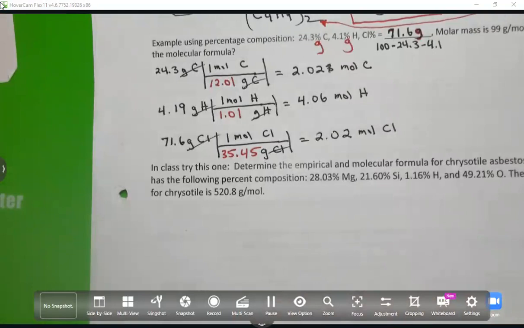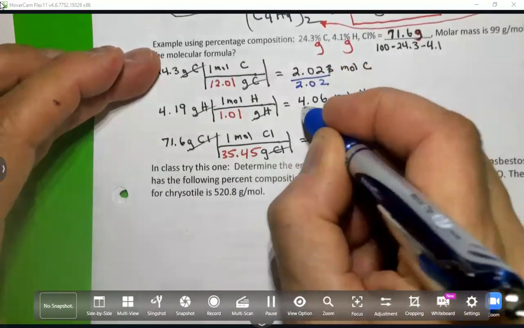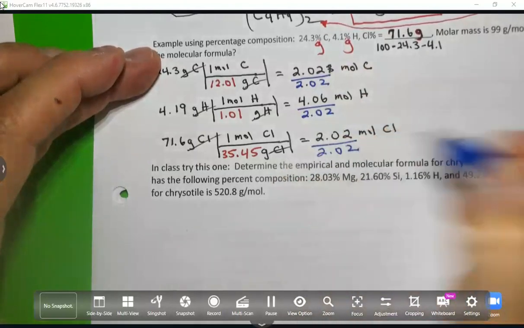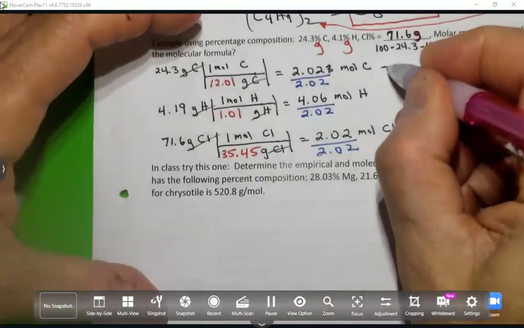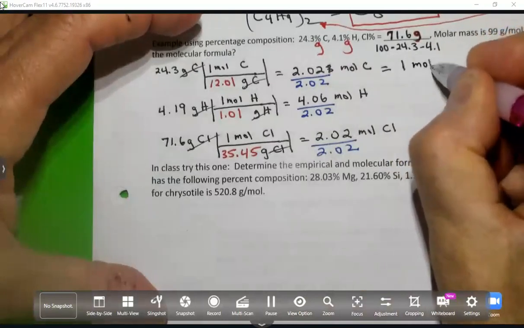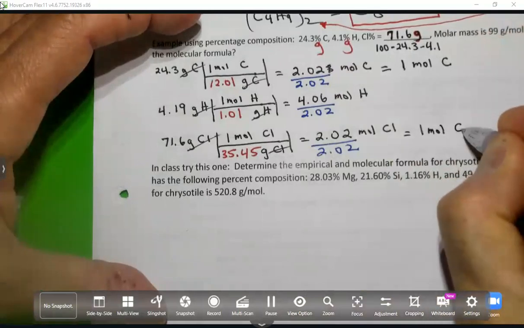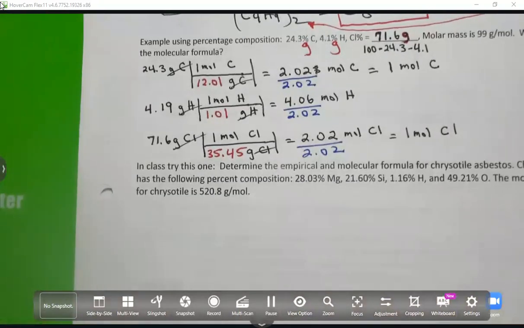Step 3, divide by the smallest. And the smallest is 2.02. I'm going to grab a different color. We'll divide by the smallest. 1 mole of carbon, 1 mole of chlorine. It's going to be so close.